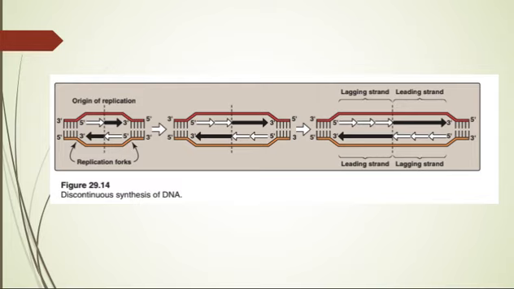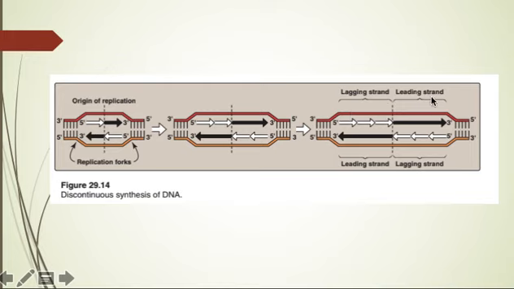Now, we said that the origin of replication you can see here by the replication bubble and the fork. So it is bidirectional, it is synthesized in both directions. What did we say here? The leading strand and the lagging strand.